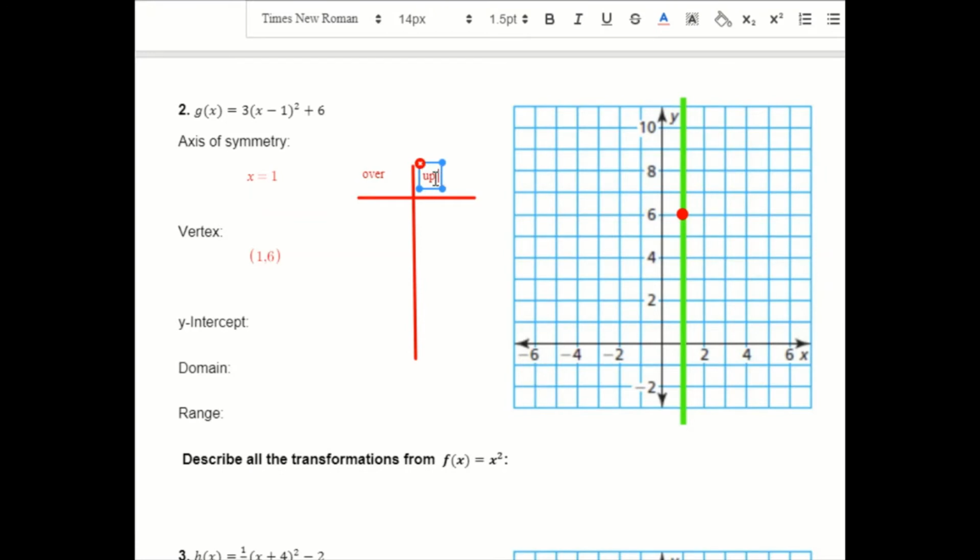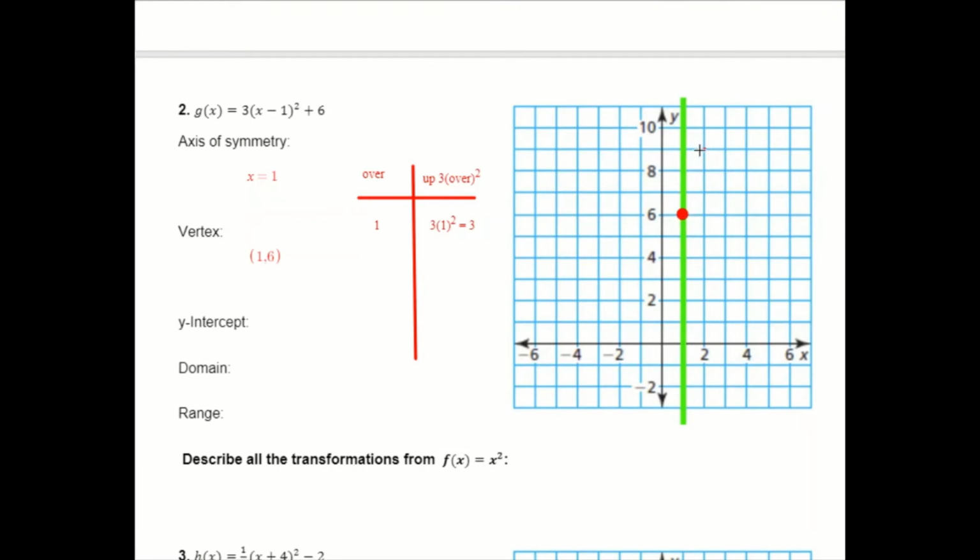So again, to calculate the up, we're going to do 3 times the over squared. All right, so now if I go over 1, that means I'm going to go up 3 times 1 squared, which is going to be equal to 3. So starting from the vertex, if I go over 1, I'm going to go up 3.